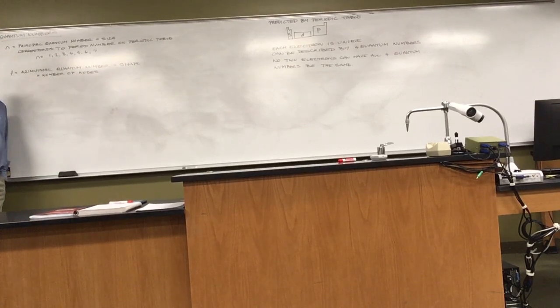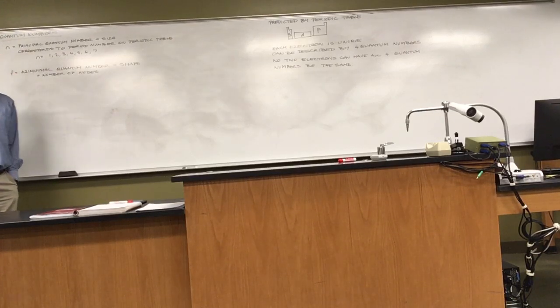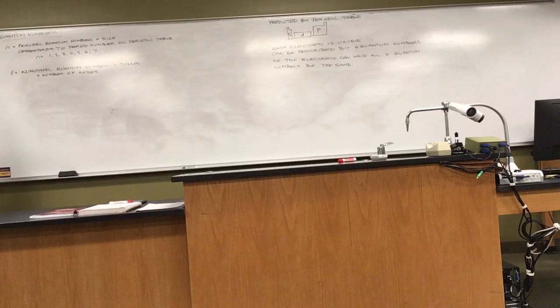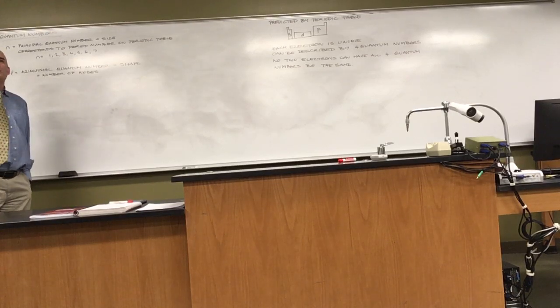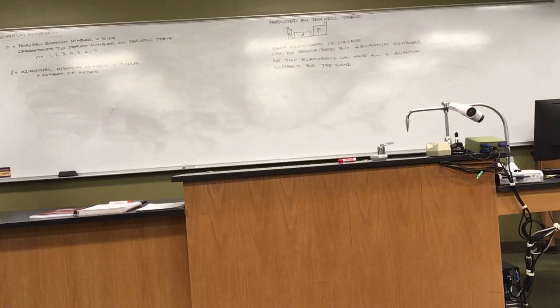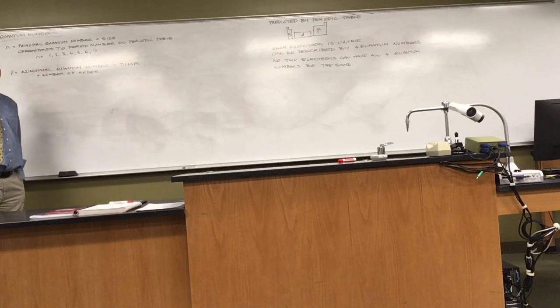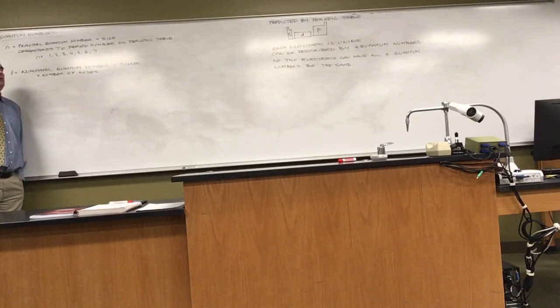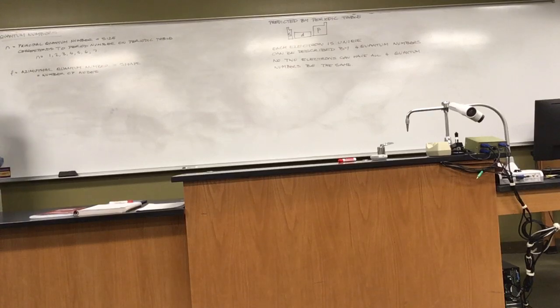L is the number of nodes. Do you understand what a node is? A node is when your value goes to 0. That's a node. It's not immediately apparent now, but it will be in just a couple of minutes when I sketch these out.